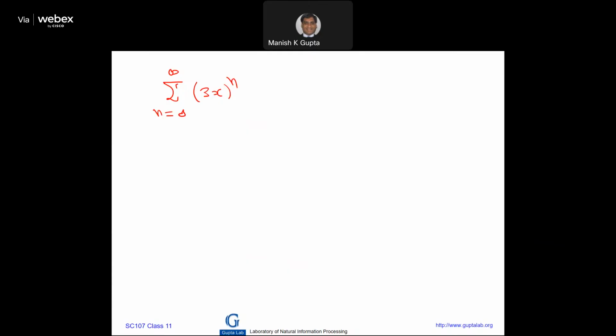So essentially I am solving for what values of x will give you convergence. I put the condition of convergence only, and I'm not worrying about the other case. So for this series, the radius of convergence turns out to be 1 by 3. When minus 1 by 3 is less than x less than 1 by 3, the series is convergent.